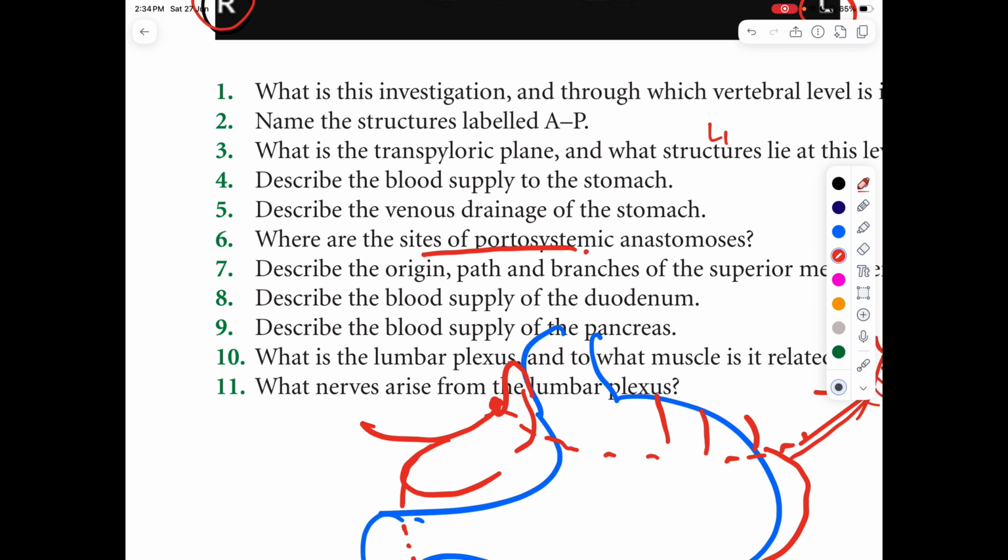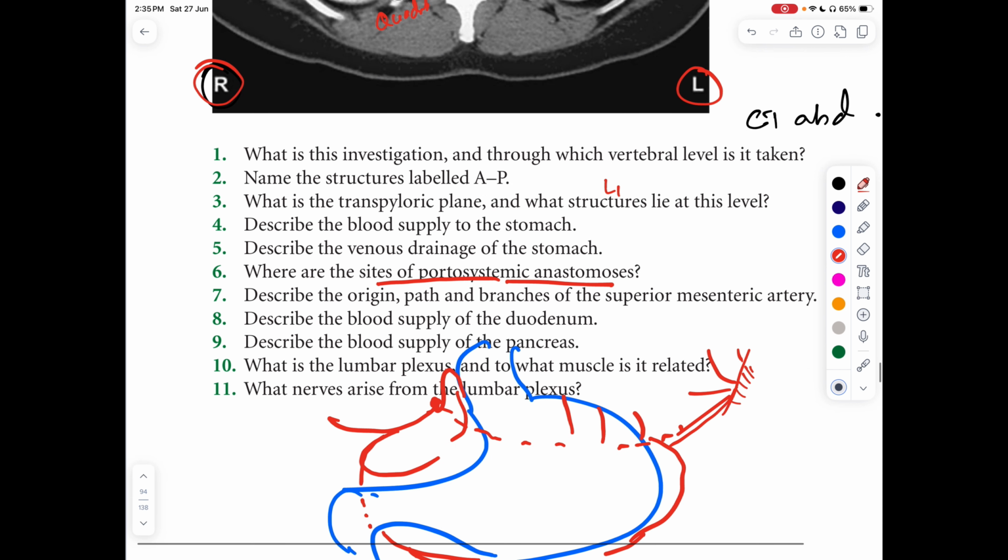There are sites at the lower end of the esophagus, at the level of the umbilicus, rectum, retroperitoneum. This guy, the origin and path of the superior mesenteric artery. The superior mesenteric artery arises at the level of L1, the transpyloric plane, passes anterior to the uncinate process of the pancreas and the third part of the duodenum, with the pancreas and duodenum wrapped around. It gives the inferior pancreaticoduodenal, middle colic, right colic.